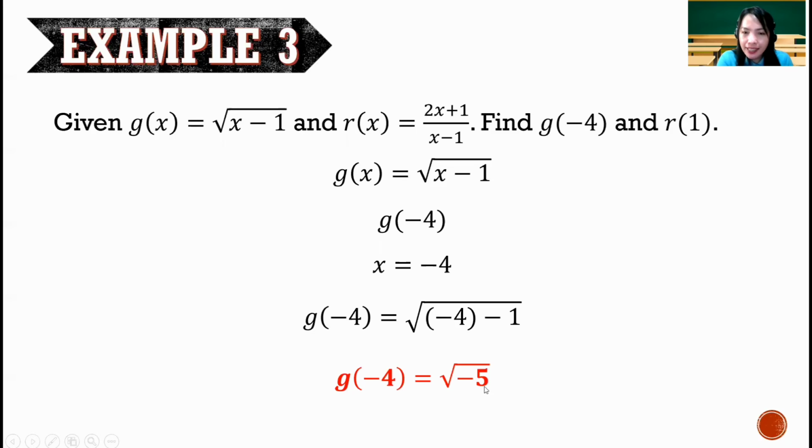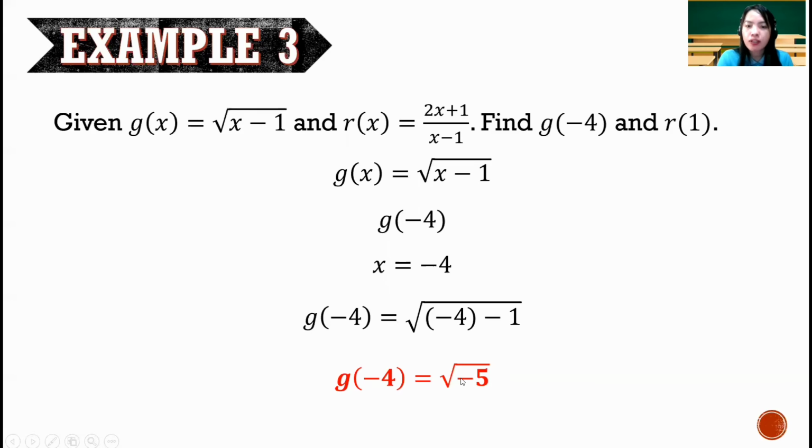So that is negative 5. If you look, under the radical sign, the number is negative. So from here, we cannot consider this as our final, correct answer, because what is inside the radical sign is negative and the index of this radical is 2. Okay? So this is not possible.